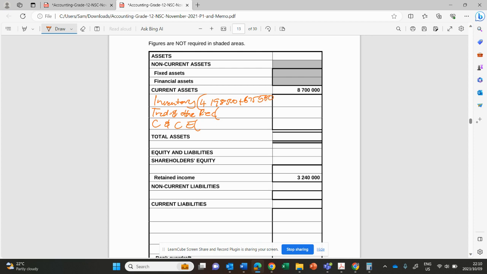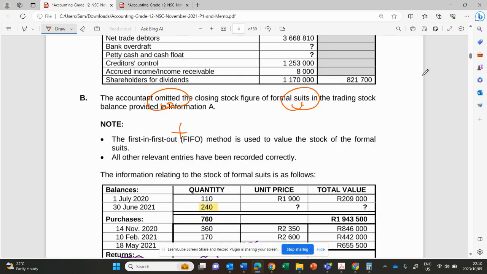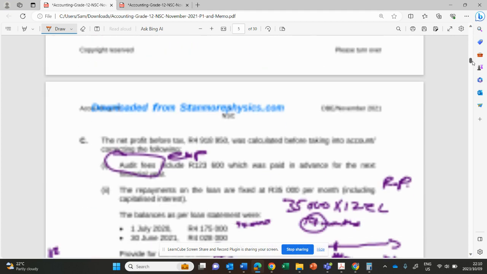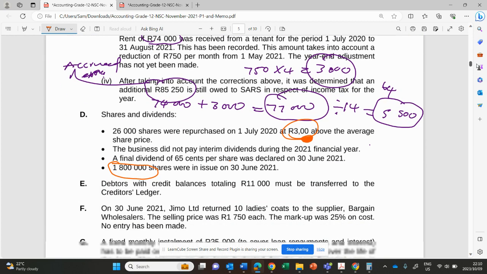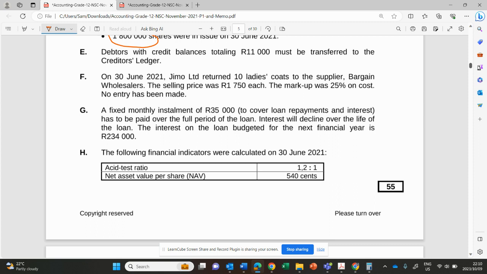Now, is there any other information affecting the inventory? Let's check. Number F, they're saying GMO Ltd returned 10 ladies' coats to the supplier.